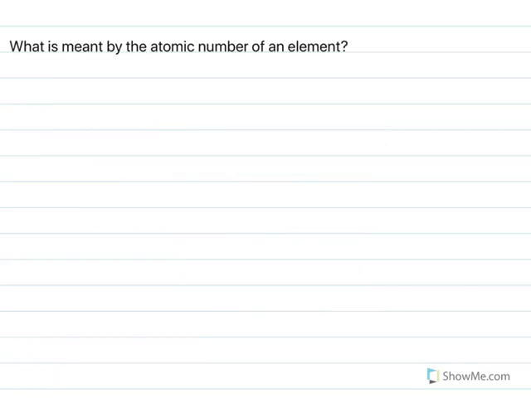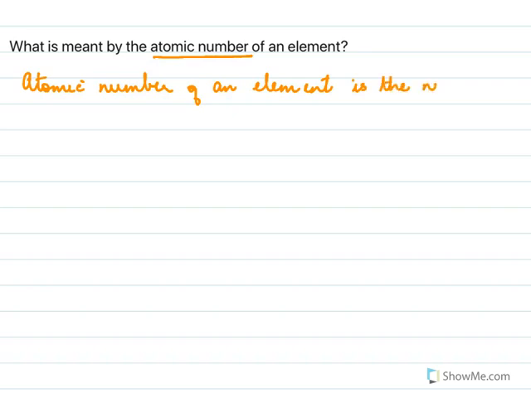What is meant by atomic number of an element? Atomic number of an element is the number of protons present in an atom of the element.